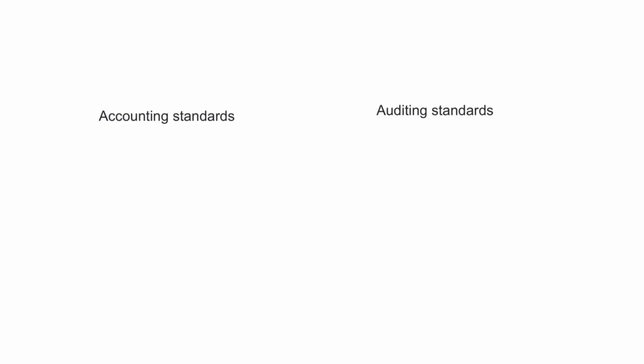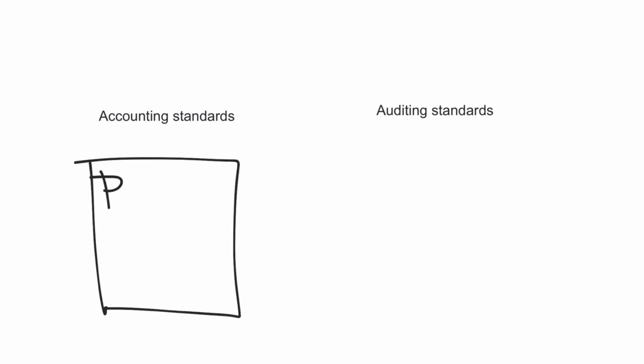When it comes to accounting standards and auditing standards, it might be easier if I draw this out. Okay. So what the accounting standards do is they guide us in terms of what goes into our profit and loss, what goes into our balance sheet, and what goes into our notes.